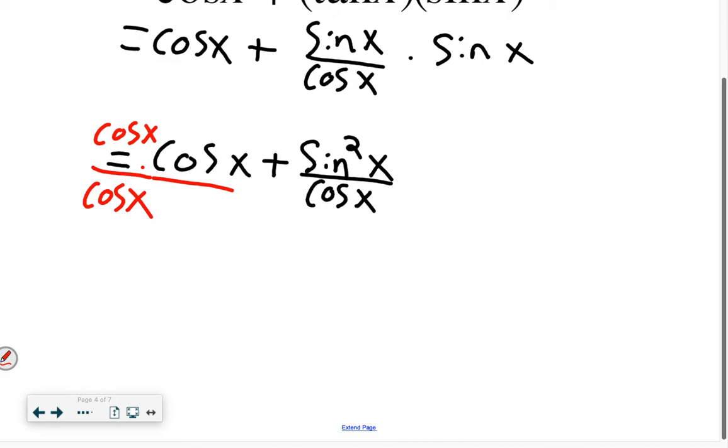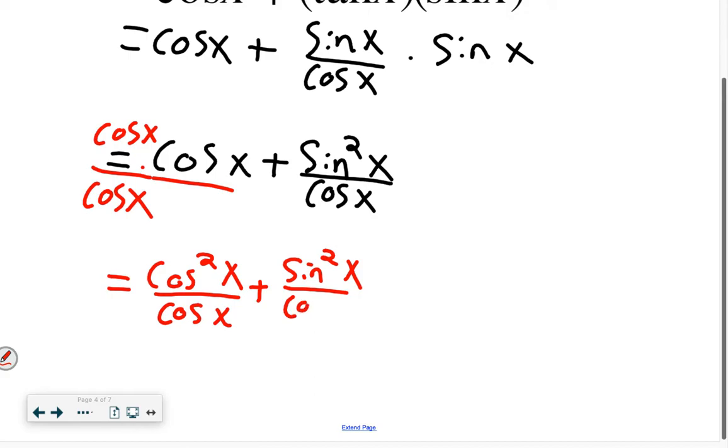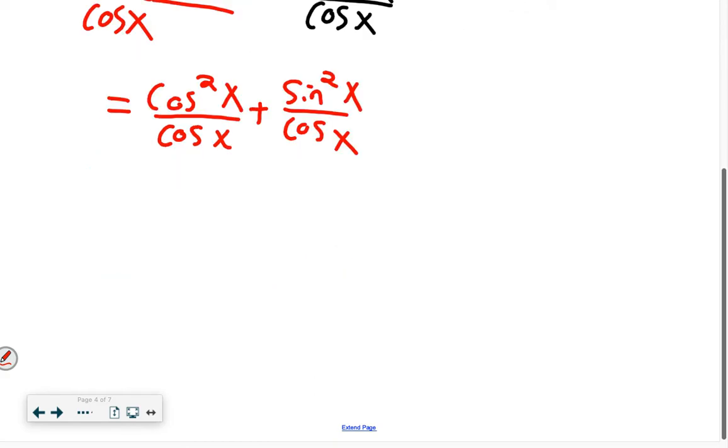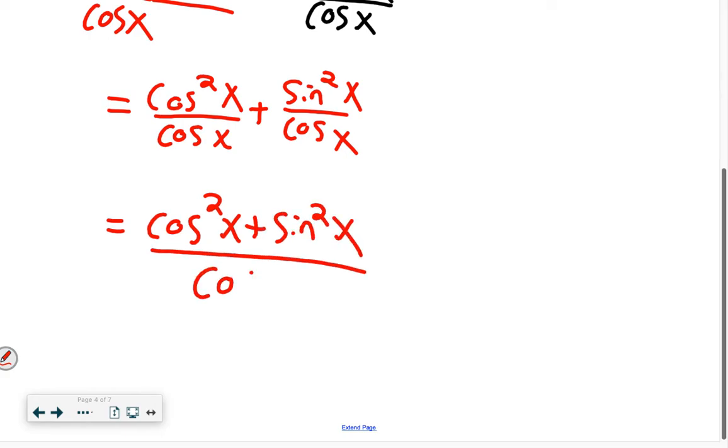So if I rewrite what I have, cosine squared of x over cosine of x plus sine squared of x over cosine of x. So if we throw it all together then, we have cosine squared of x plus sine squared of x all over cosine of x.